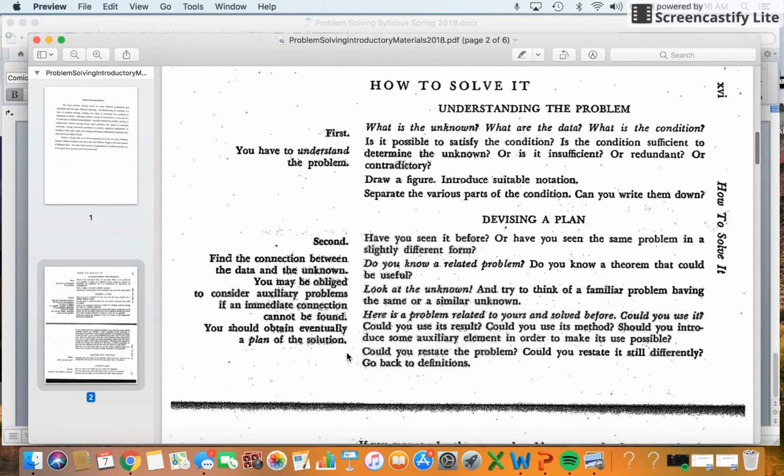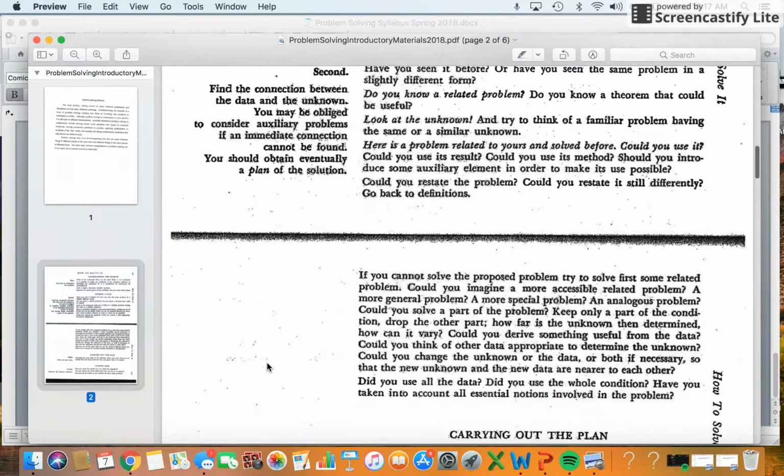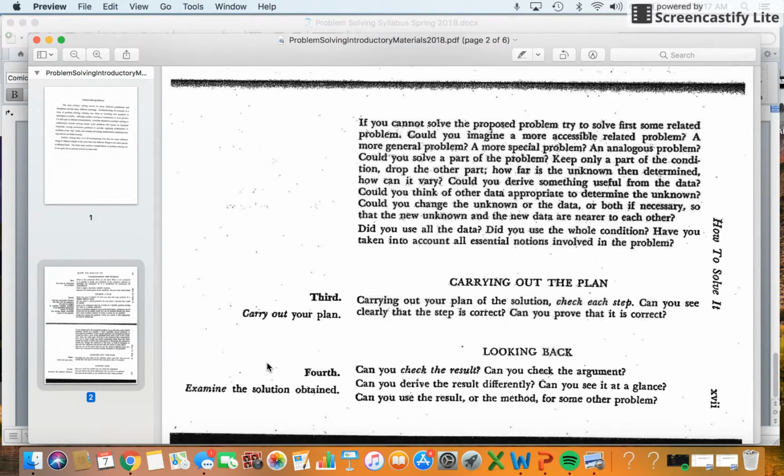George Polya wrote a book on problem solving, and in his book he said good problem solvers do these four things when they solve a problem. First, they make sure they understand the problem, then they devise a plan, and then they implement the plan. Oftentimes, after picking your plan and implementing it, you have to go back to step two and try a new plan because sometimes you pick the wrong one.